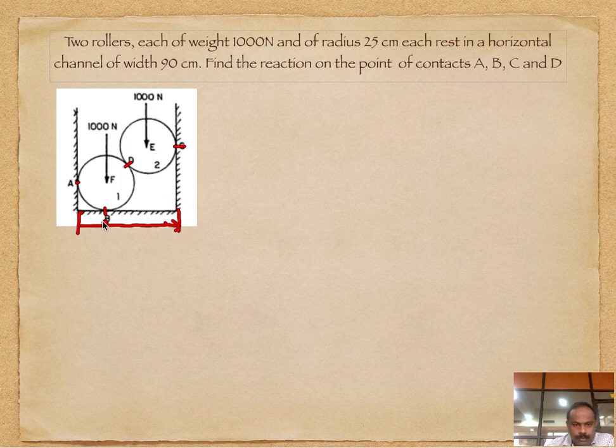The width of the channel is 90 centimeter. The radius of each roller is taken as, I'll take it from here to this side, 25, and from here to this side again 25. Each roller has a radius of 25 centimeter.